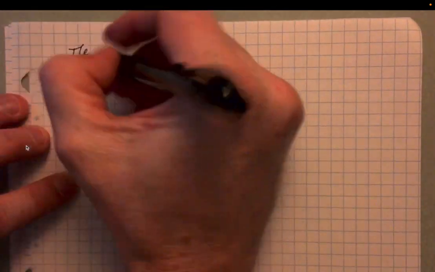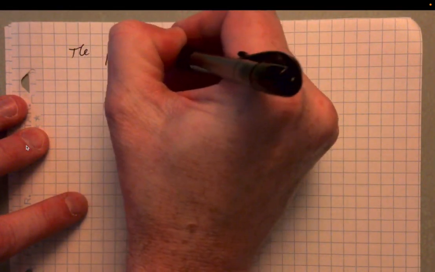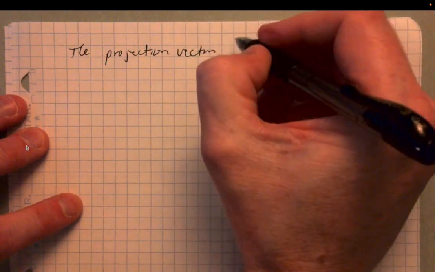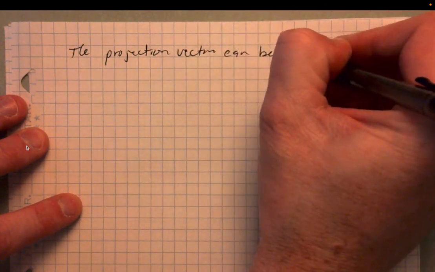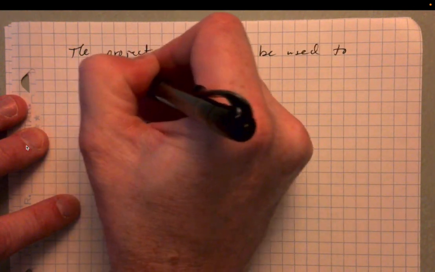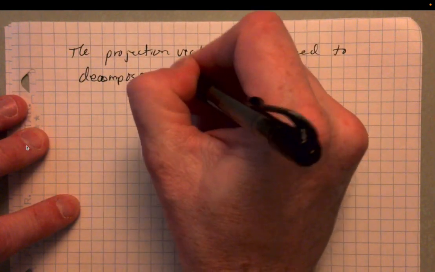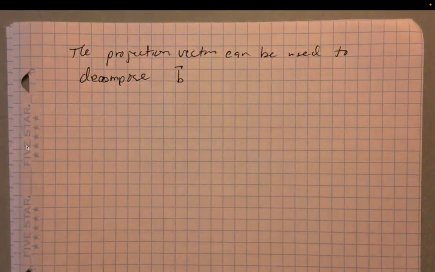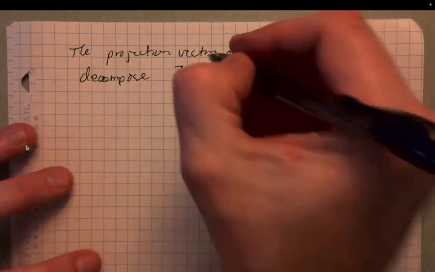Very good. Now, the projection vector can be used as a means to decompose B, right? So the projection vector can be used to decompose B into what we call its component vectors.